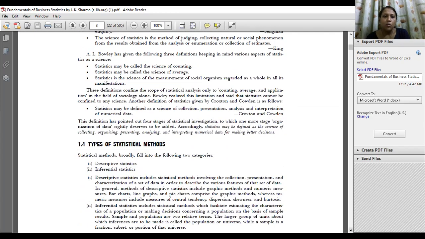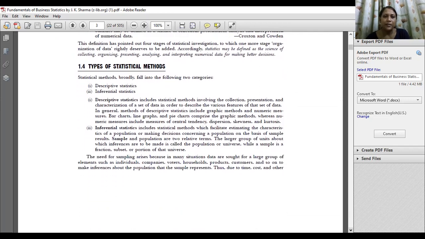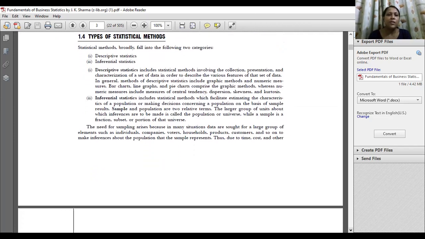Next we will switch to different statistical methods. So, what are different statistical methods? First one is descriptive statistics. Second one is inferential statistics. So, what is descriptive statistics? Descriptive statistics means you collect the data and you analyze the phenomena based on your collection.